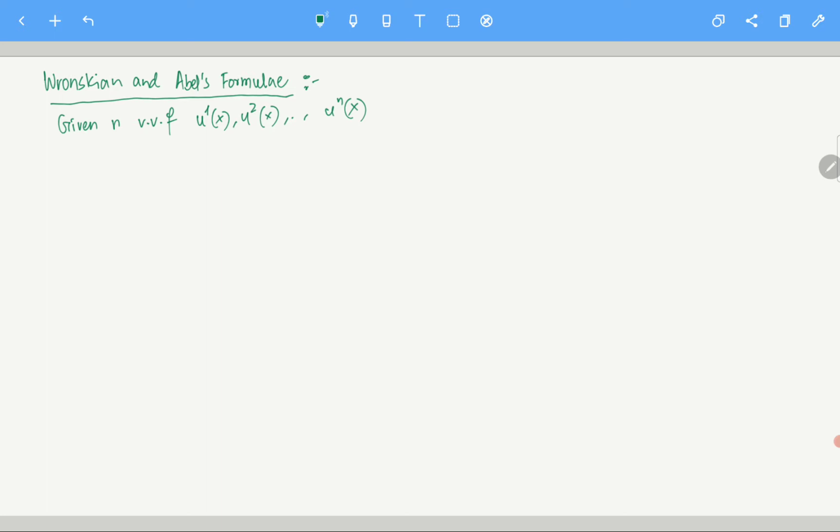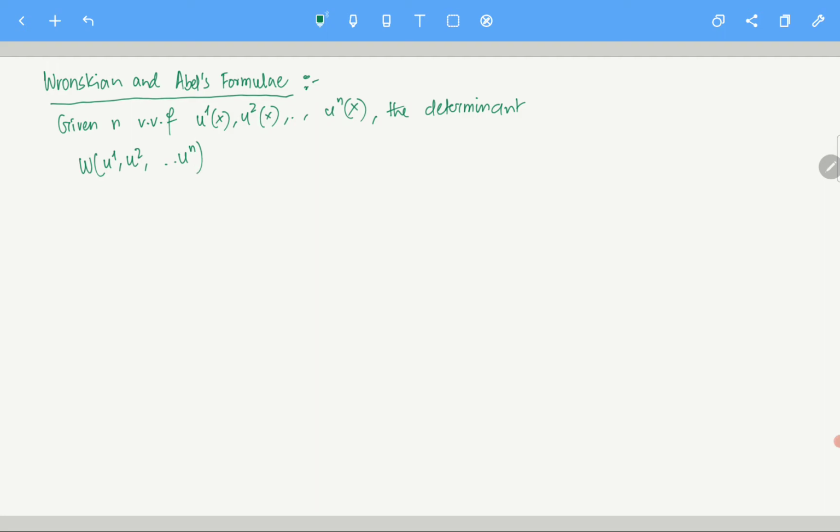Clear? We are going to define a determinant, the determinant W of u1, u2, up to un. I want to define something like this.